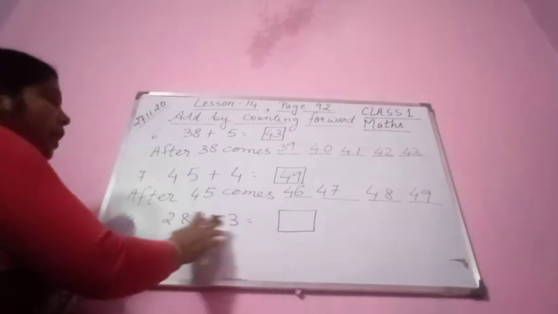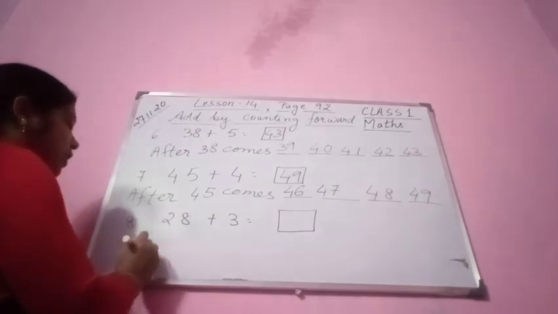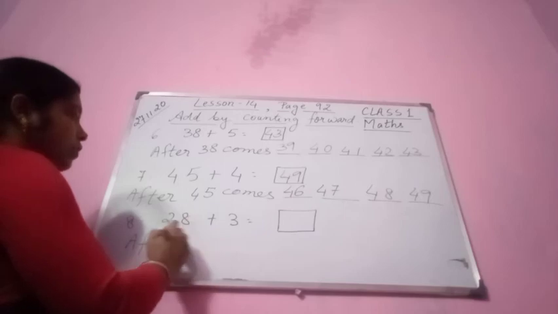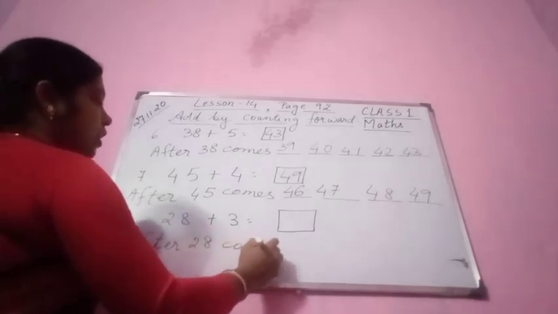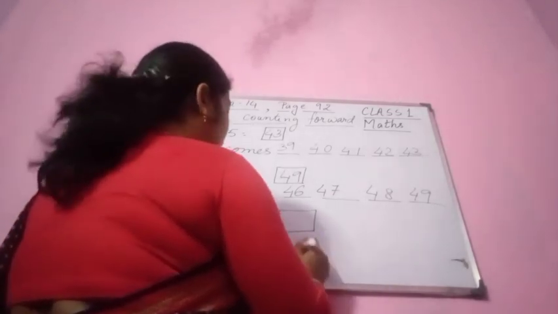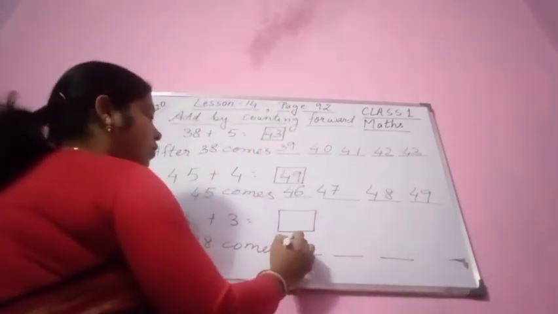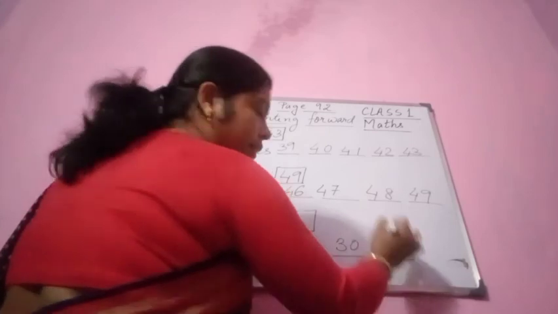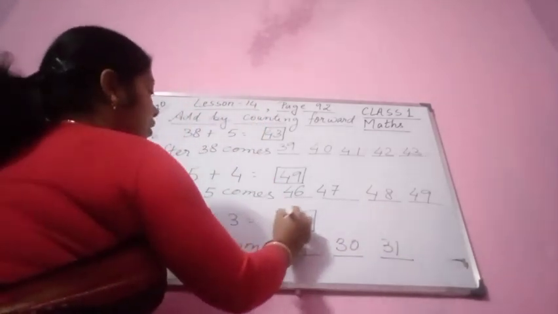Okay, so 28 plus 3. Now you see 28 plus 3 equal to how much? After 28 we are going to count 3 places forward. 1, 2, 3 places. After 28 comes 29, 30, 31. So 28 plus 3 equal to 31.